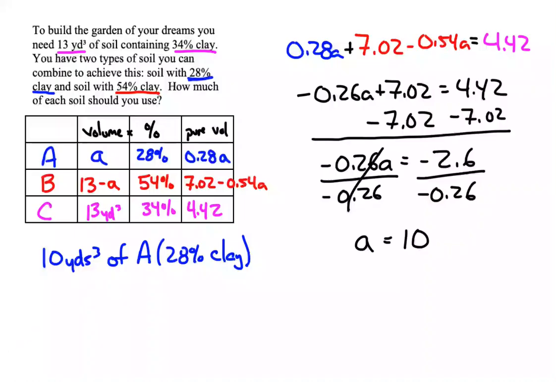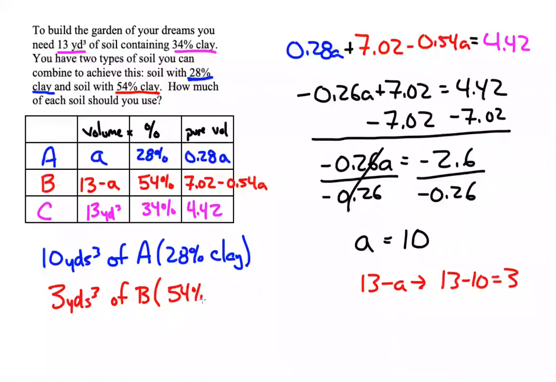And then, of course, to get B, if the amount of B I want is 13 minus A, and A is 10, that would be just 13 minus 10, which equals 3. So I want 3 cubic yards of B, which is the one that is 54% clay.